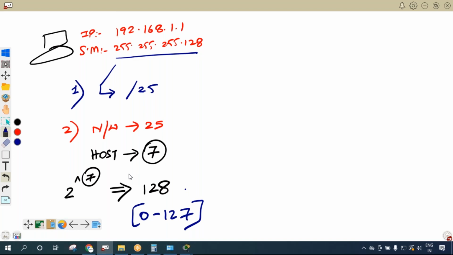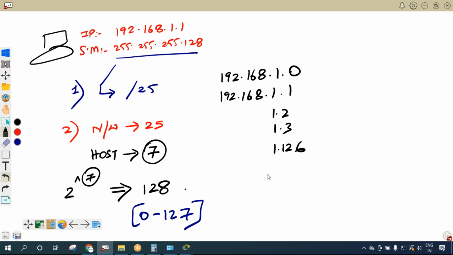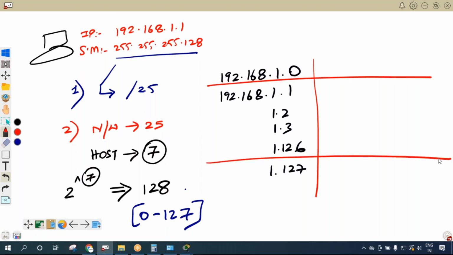Okay, I got it. So here we will simply write 192.168.1.0 will be the first IP, 192.168.1.1 will be the next, 1.2, 1.3, up to 1.126, and the last IP address will be 1.127. So my dear friends, this will be the network IP. This will be the broadcast IP.